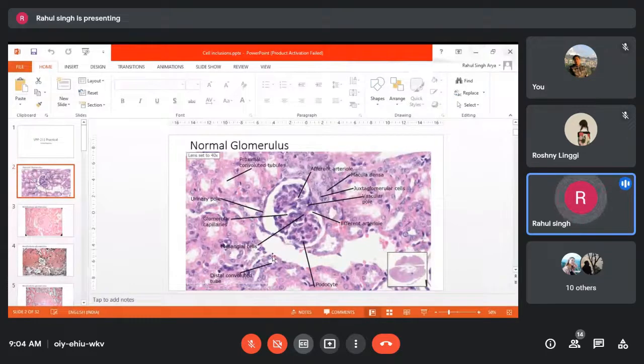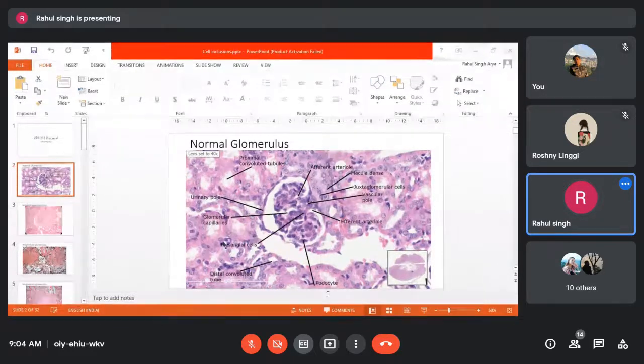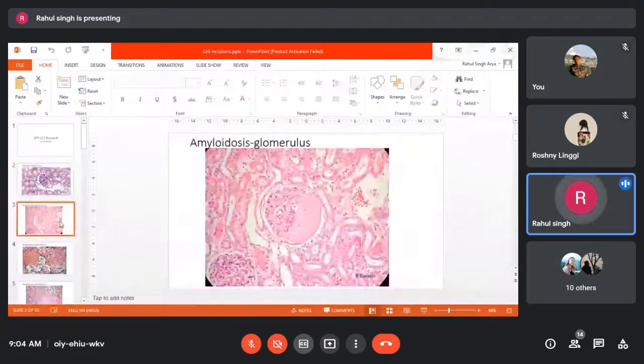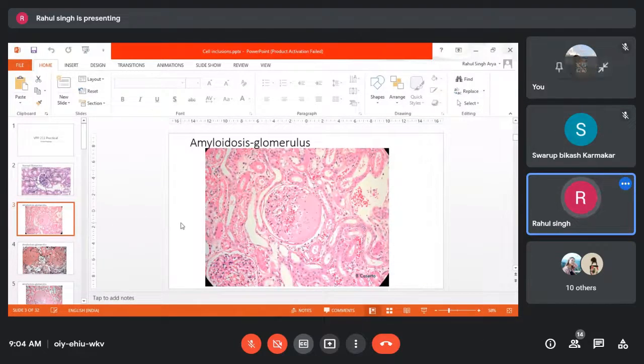And considering this, can you see this picture? Yes, sir. Now this is amyloidosis in the glomerulus, amyloidosis in the kidney, in fact. This was the glomerulus, and these are the tubules.